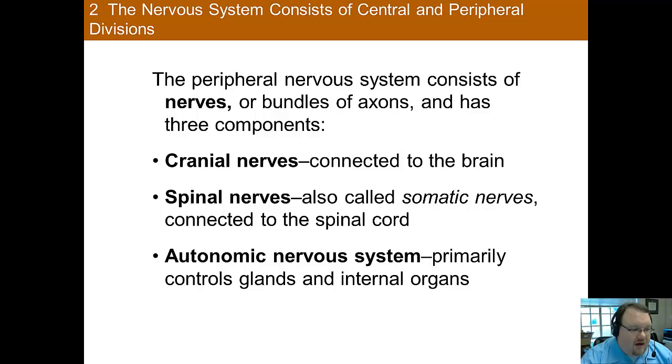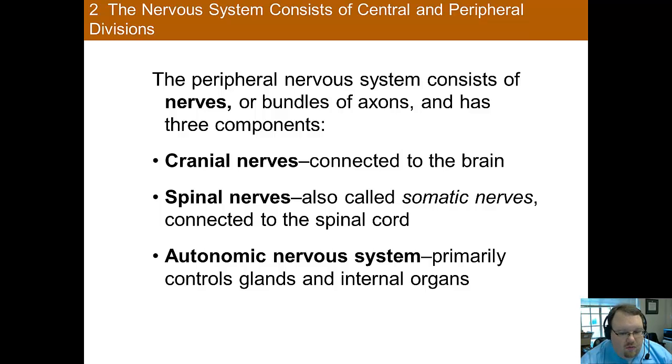And there's also the autonomic nervous system, which we'll be talking about a fair amount in this lecture. The autonomic nervous system primarily controls the glands and internal organs. I guess the glands and organs aren't part of the nervous system, just to be clear, but it helps control the glands and the internal organs.